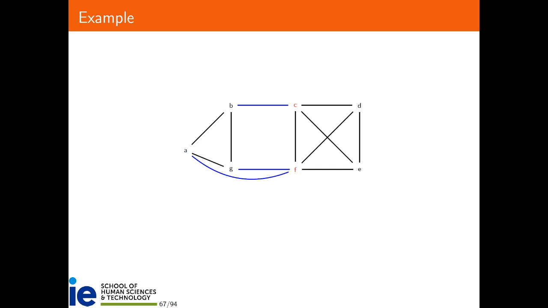So the idea is, can I delete any vertex and obtain a disconnected graph? If so, then vertex connectivity is 1. Or can I delete any edge and obtain a disconnected graph? Then edge connectivity would be 1.